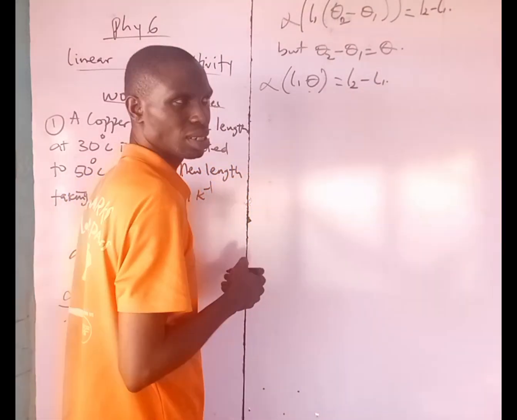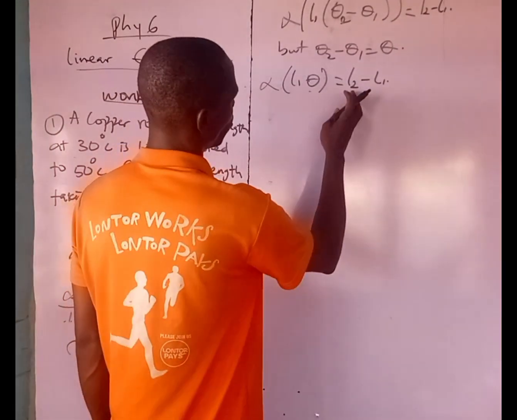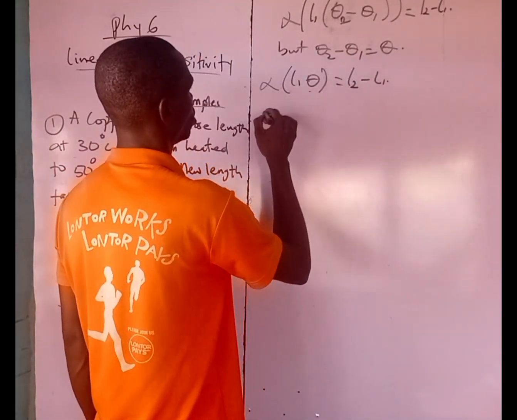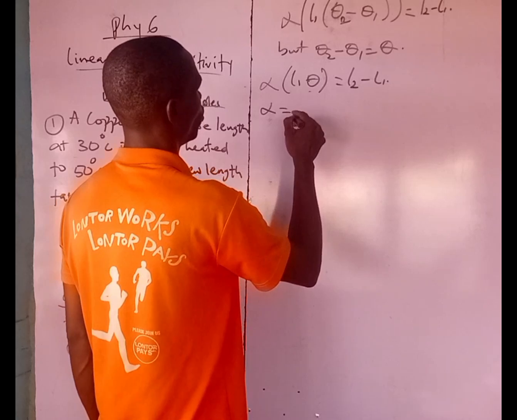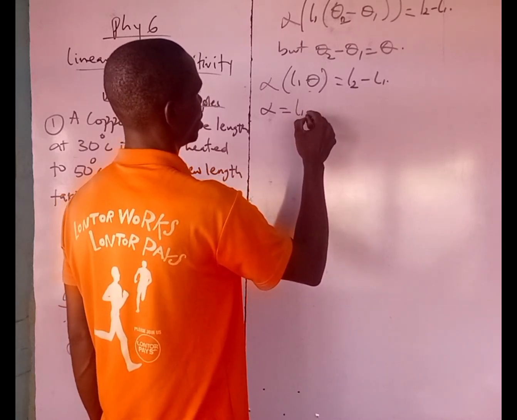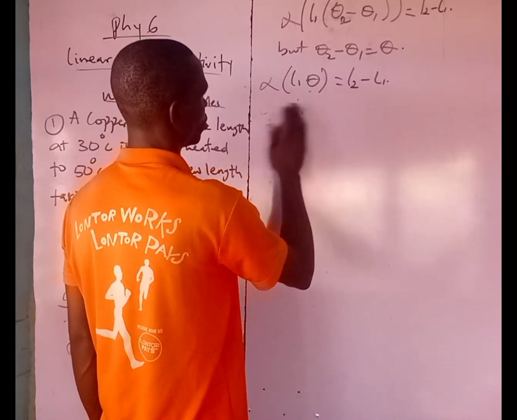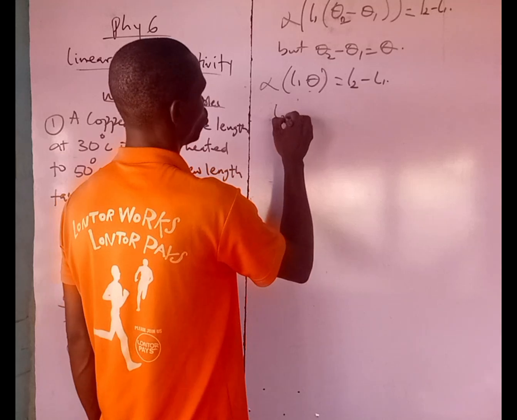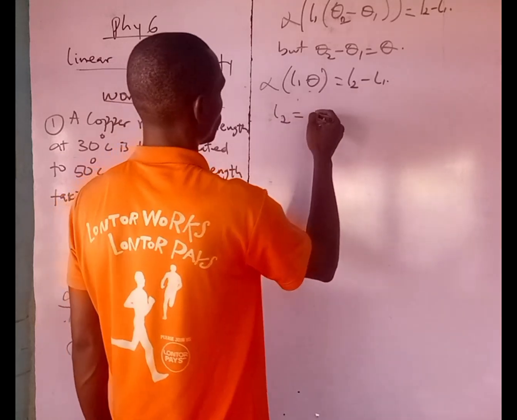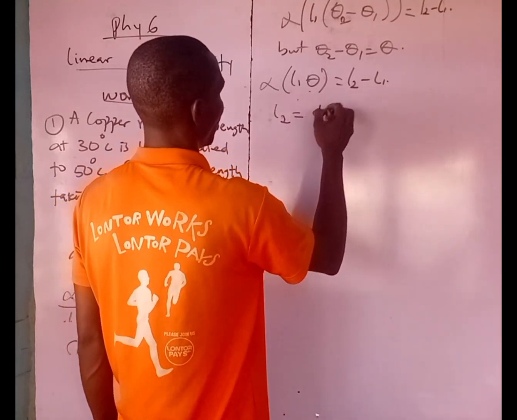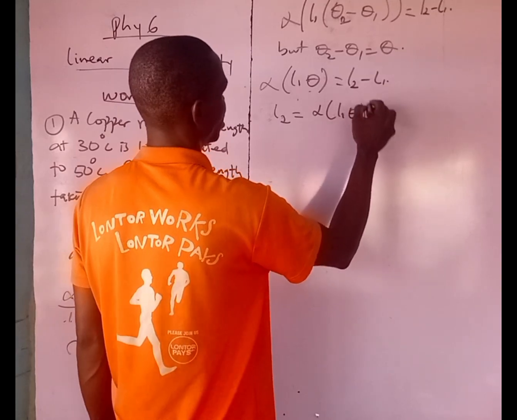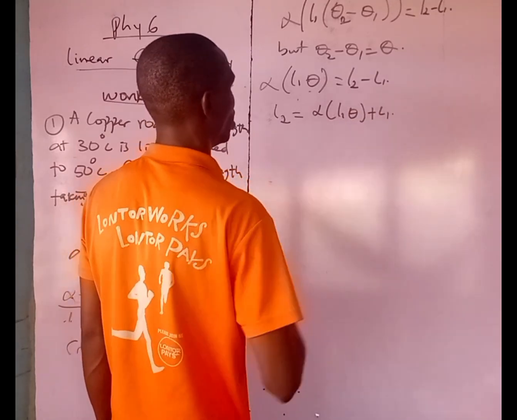Do you understand? Because we are looking for L2, we bring this one. So alpha now will give us L1. So L2 will give us alpha into L1 theta plus L1.